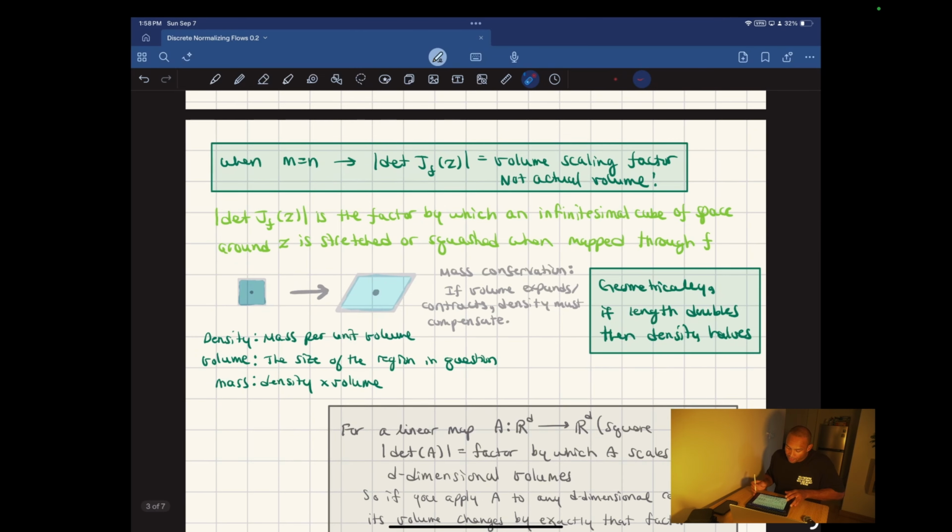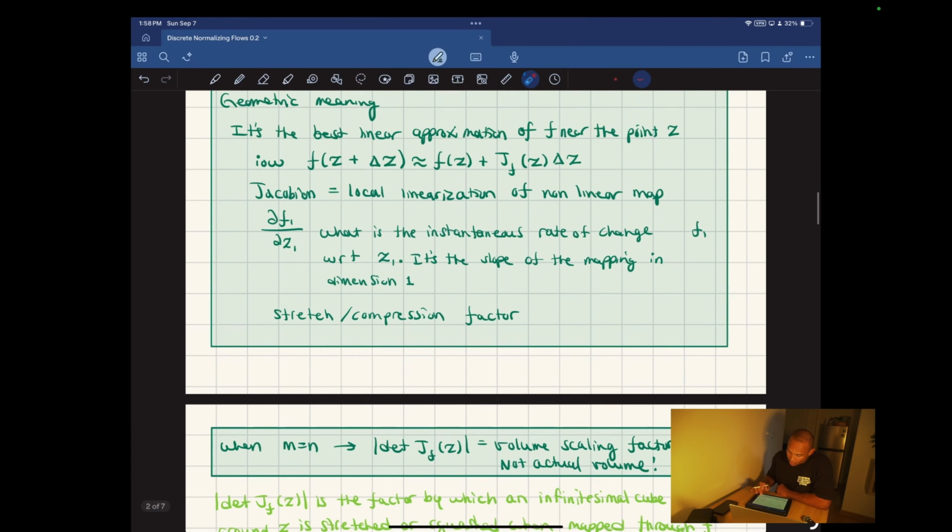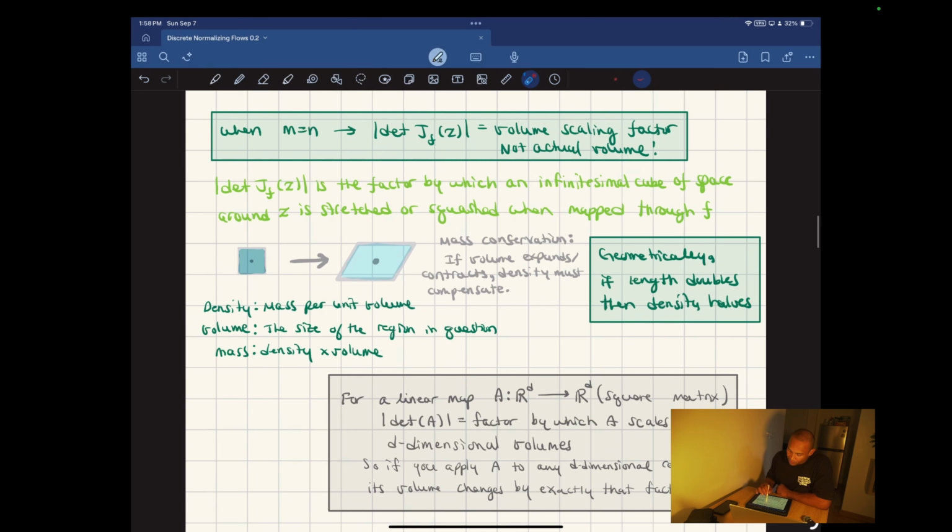The determinant of the Jacobian, which we find in our equation A, is essentially a volume scaling factor. So say this is Z, this point, and this is a small infinitesimal cube around Z. When we send it through F, it gets stretched and compressed, transformed into this parallelogram.